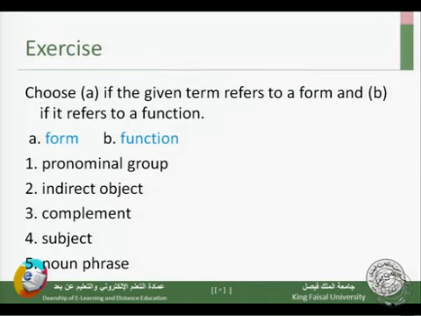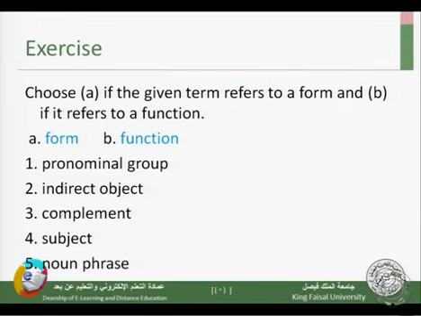Number four, subject. As we discussed in the previous slide, subject is the function that can be done by a noun phrase. So subject is a function. Number four, the correct answer is B. Number five, noun phrase. Noun phrase is a form, and noun phrases can do a number of different functions, including being the subject, or the object, indirect or direct object.